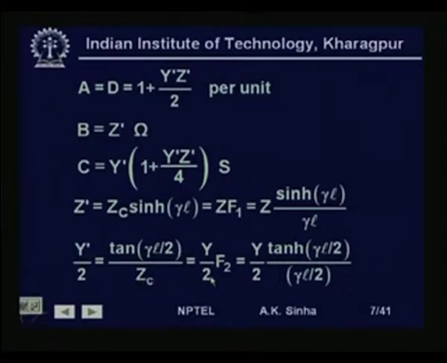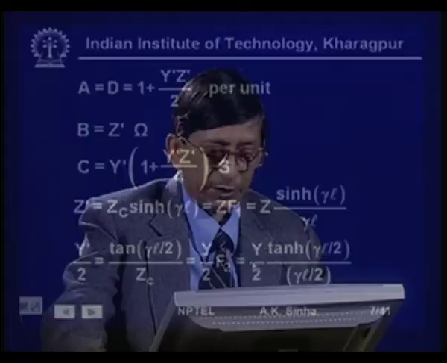This is equal to Y by 2 into F2. This is equal to Y by 2 into tan hyperbolic gamma L by 2 divided by gamma L by 2. We will see how we get this relationship.